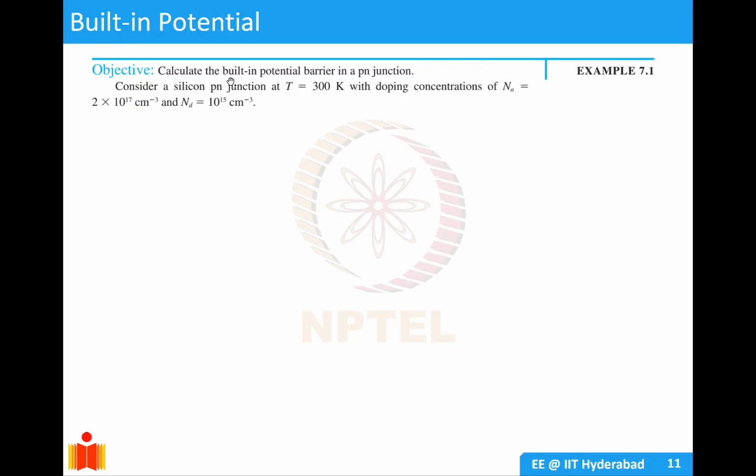So question: calculate the built-in potential barrier in a PN junction. Consider a silicon PN junction at T equals 300 K with doping concentrations of Na equals 2 times 10 to the 17 per centimeter cube and Nd equals 10 to the 15 per centimeter cube.